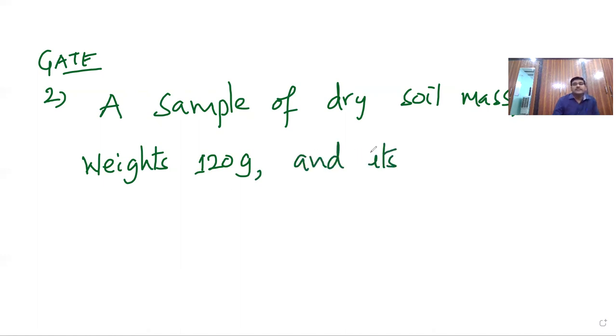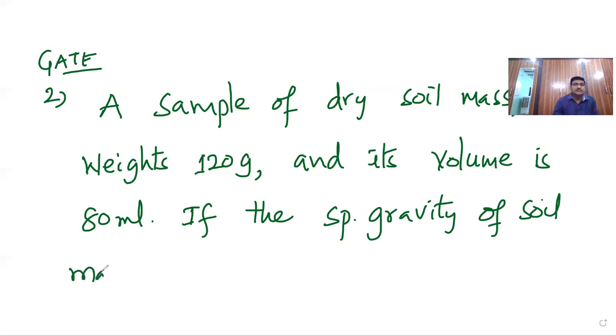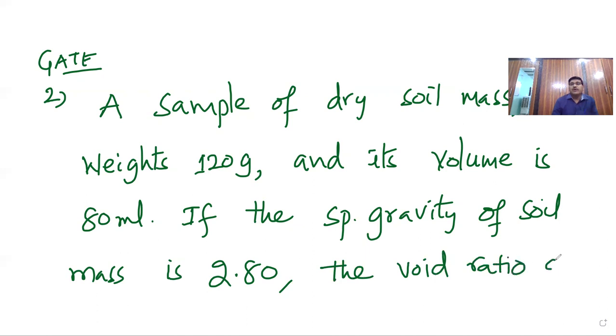And its volume is 80 ml. If the specific gravity of soil mass is 2.80, the void ratio of soil is, this is the question here.